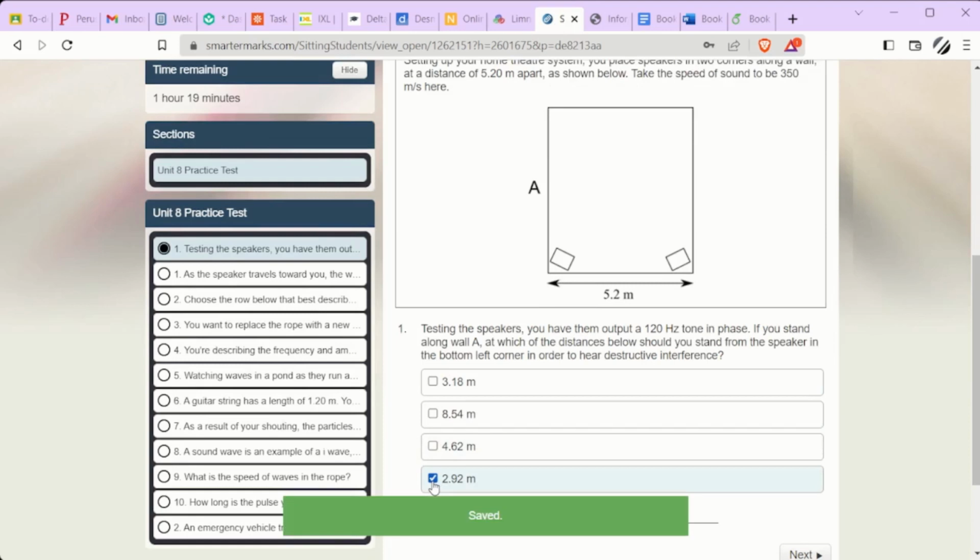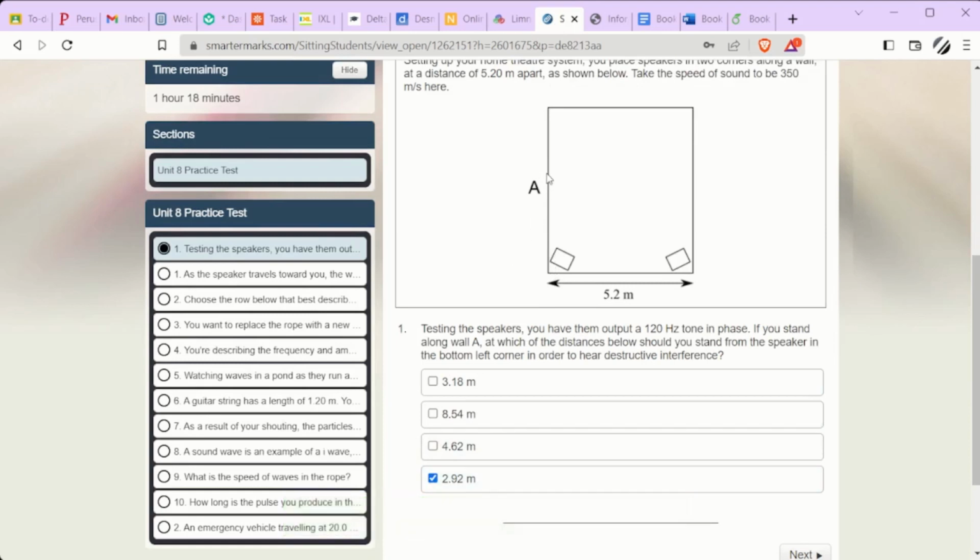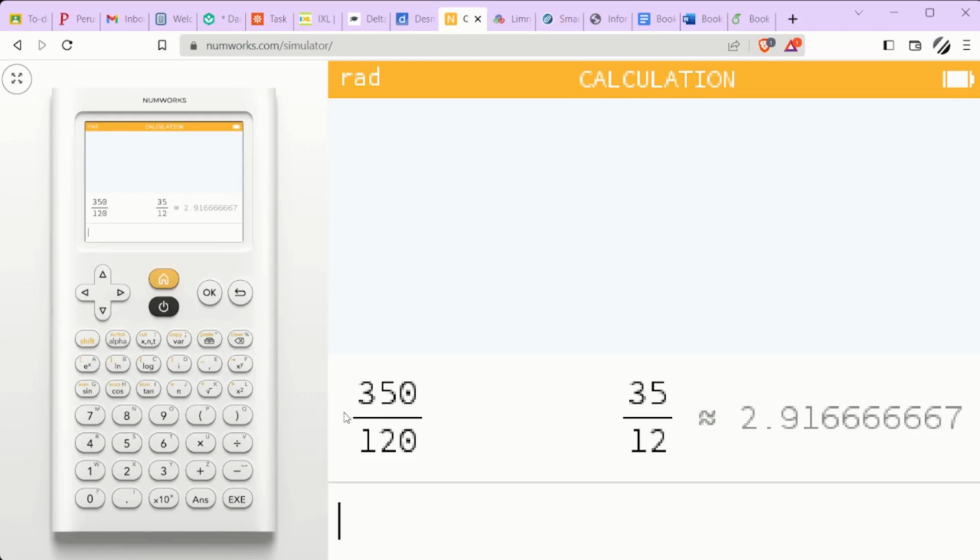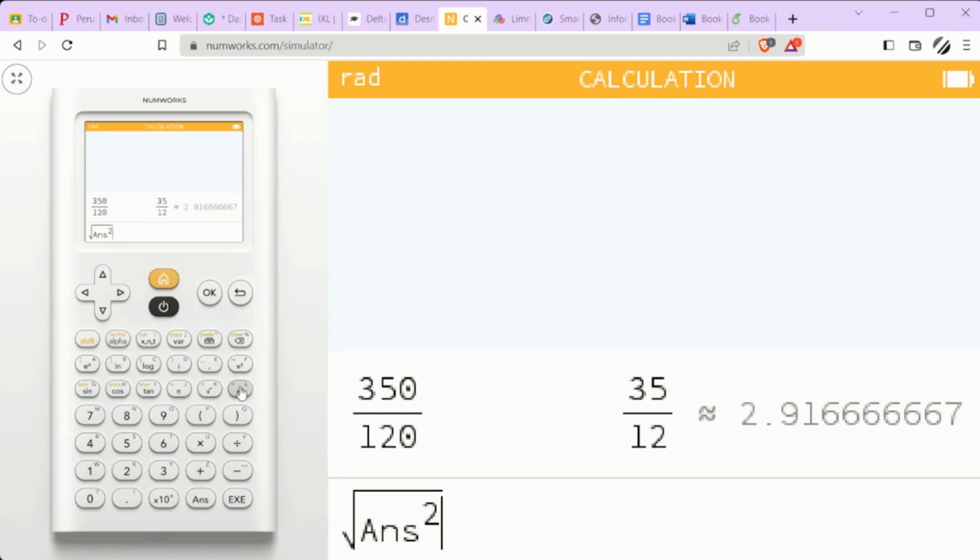2.92 is the wavelength, but is that the right distance? So if we go 2.92 up, is 2.92 up and 5.2 across the appropriate multiple of the wavelength? Let's find out. So we need the square root of our answer squared plus 5.2 squared.